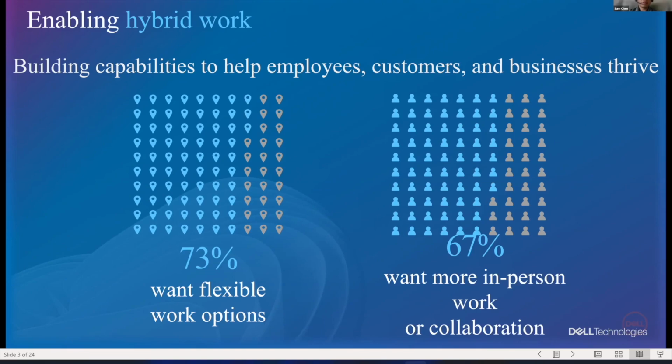A recent survey shows that 70% of people want more flexible work options. But in the meantime, 67% of people also want more in-person work or collaboration. So Windows 11 wants to balance working remotely and flexibly, but also engage people through online meetings and a flexible working environment.